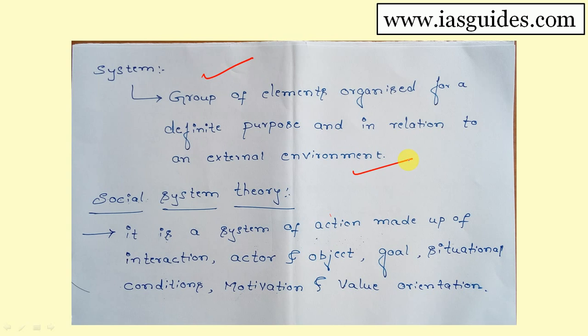After seeing the broad definition of a system, let us go into social system theory now. As said earlier, Talcott Parsons says a social system is a system of actions. A social system is a system of actions made up of interactions among individuals, and each member acts both as an actor and as an object, that means an object of orientation for others and for himself.